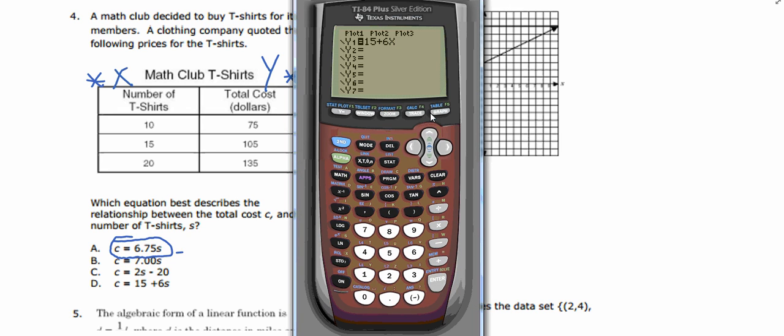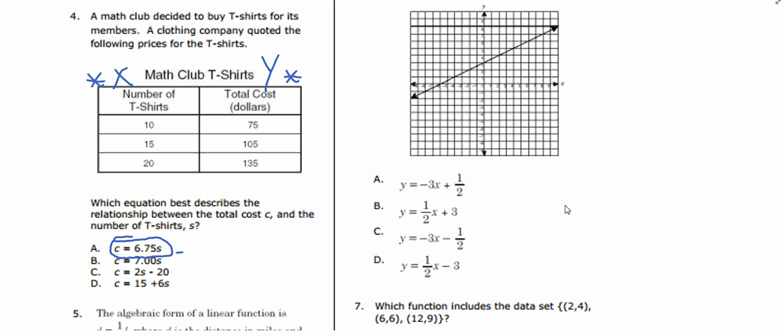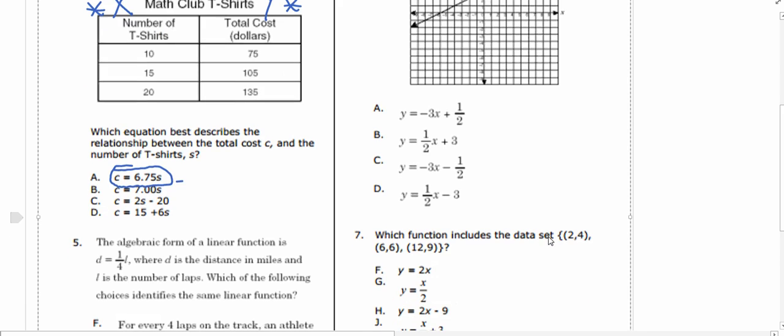And we go to our table and see if we can match them up. Just to make sure we didn't make a mistake, we'll check out 15. It's $105. And go down to 20 just to double check, and it's 135. So we found the right answer. It's answer choice D.